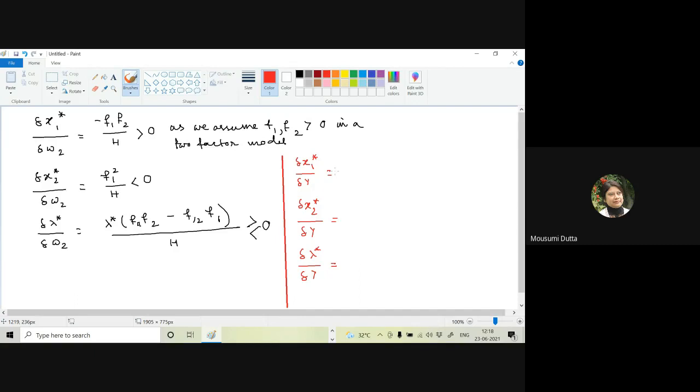Done? Have you got the values? Yes, ma'am. Tell me del x1 star by del y. Ma'am, it's minus lambda f12 f2 minus lambda.